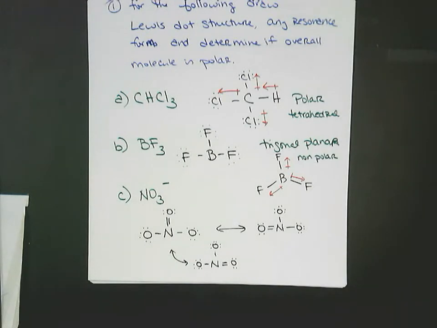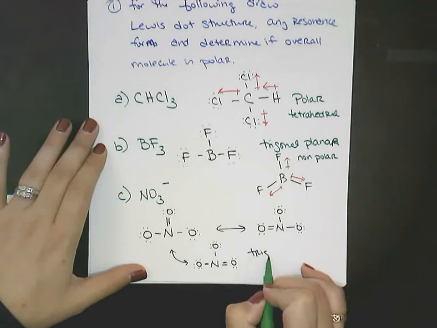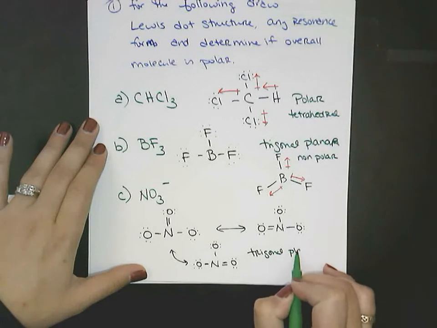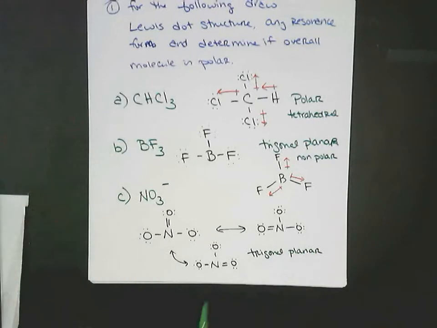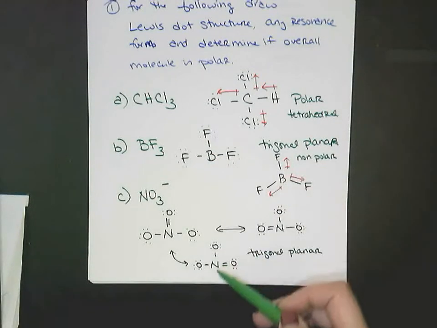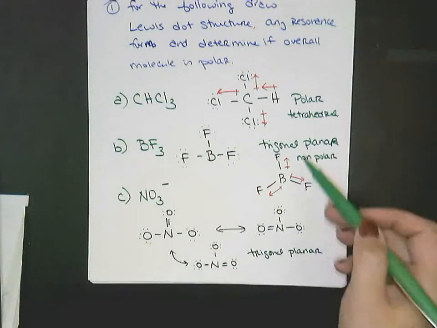It's still just trigonal planar, because there are no lone pairs. There's only 3 things stuck to the nitrogen. It doesn't matter if it's a double bond or single bond, it just means there are 3 things stuck to it. So even though these 2 look very different, they're the same 3-dimensional shape.